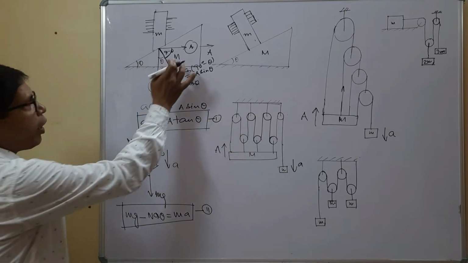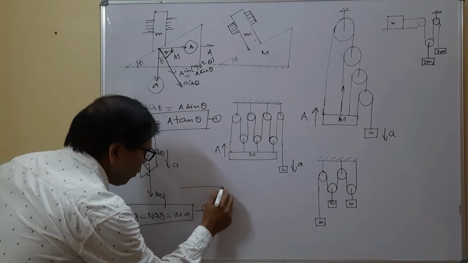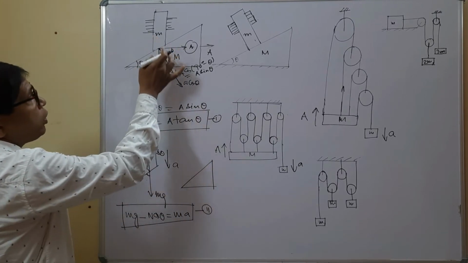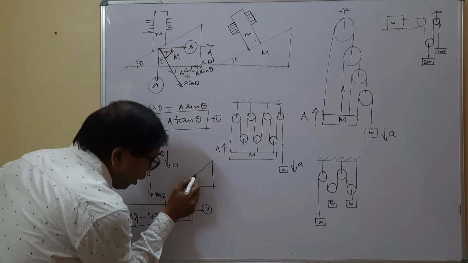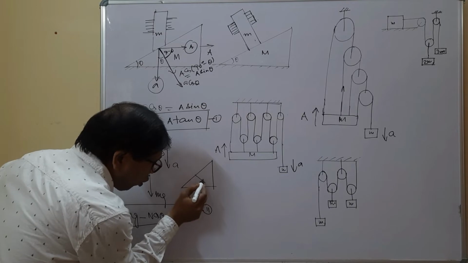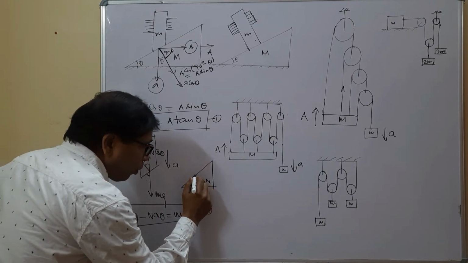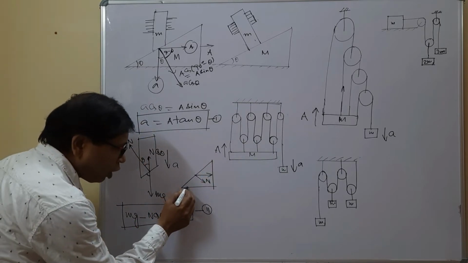Okay, now look at this, the free body diagram of the wedge. Look at this, the normal force acting by the wedge on it is N. So the force acting by the rod on the wedge is also along this direction. Now the component of this N along this direction. Look at this. This is theta.